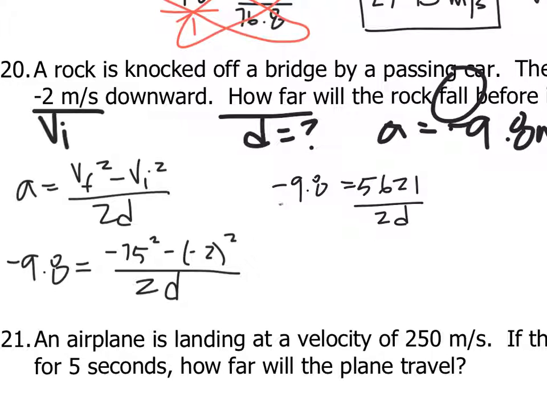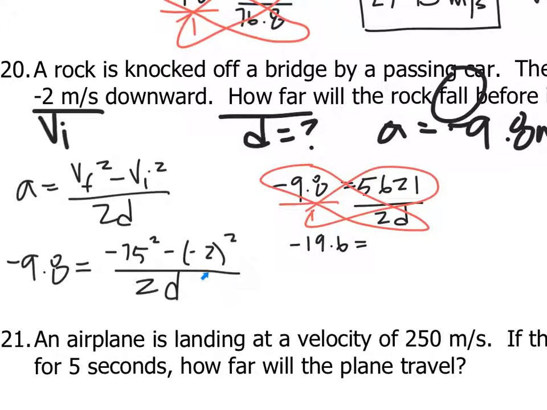So, fraction on the left, cross multiply. Negative 9.8 times 2d is negative 19.6. And 1 times 5,621 is 5,621. Oh, can't forget the d. There you go.